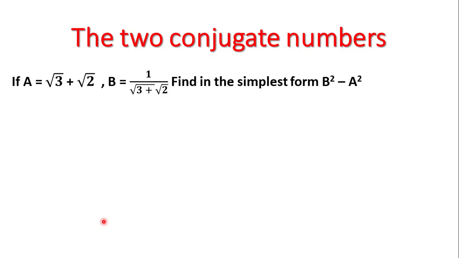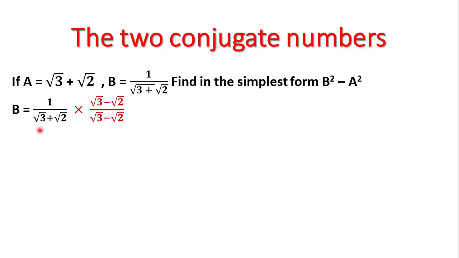One more exercise. If a equals root 3 plus root 2 and b equals 1 over root 3 plus root 2, find in the simplest form b power 2 minus a power 2. At first we want to write b so that the denominator is an integer. So I'll multiply up and down by the conjugate of the denominator.